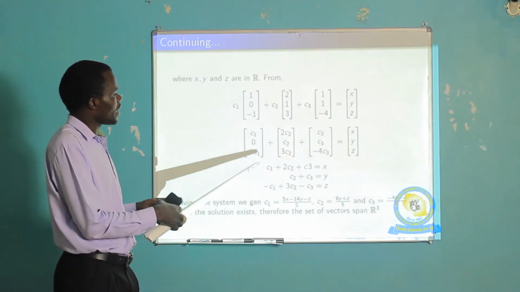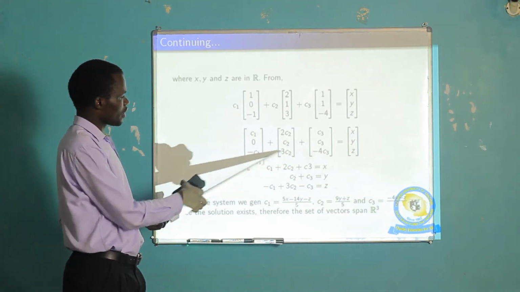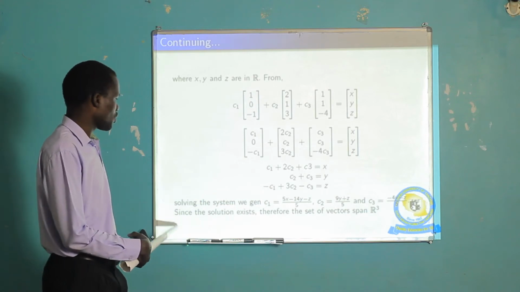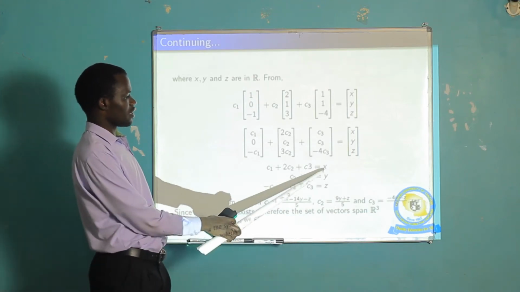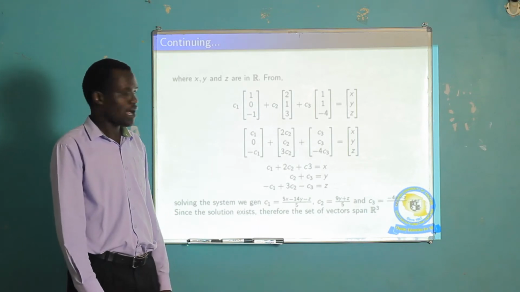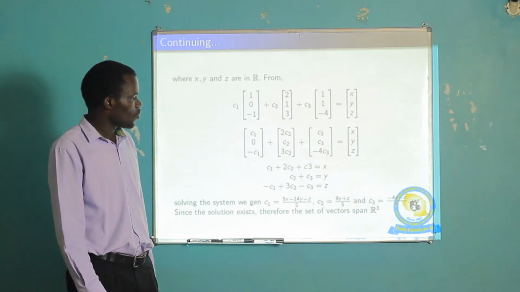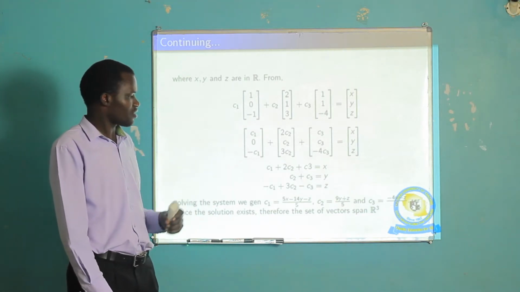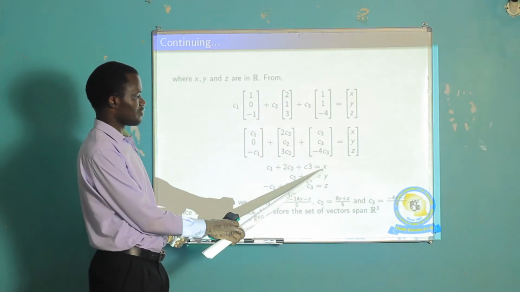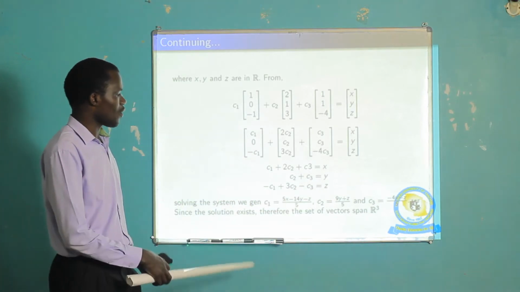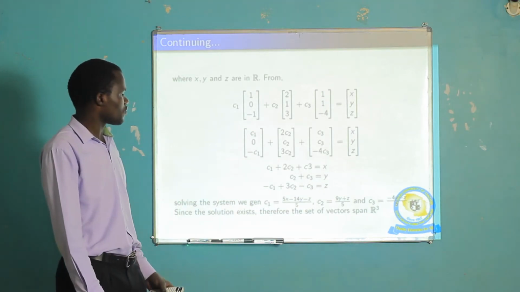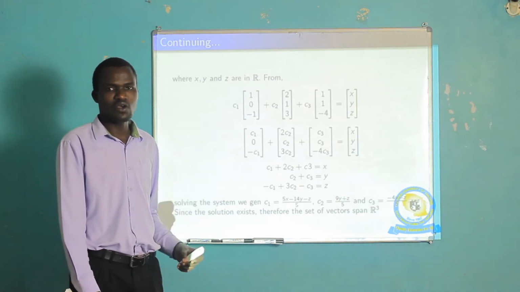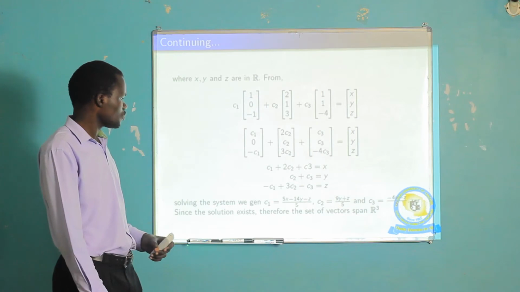After multiplying, we can combine them and get a system of linear equations. And by solving this, because x, y, and z are not specifically given, we have just taken any vector in R3 space which has these entries x, y, and z. So here we are going to solve for C1, C2, and C3 in terms of x, y, and z.